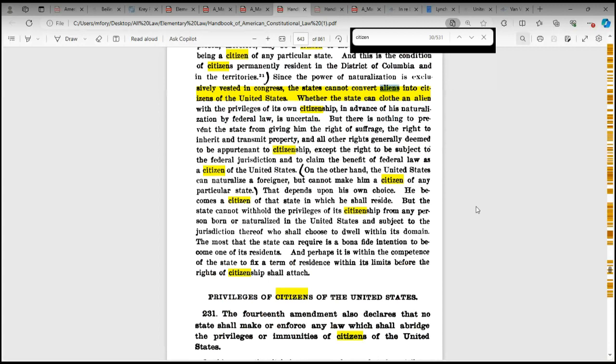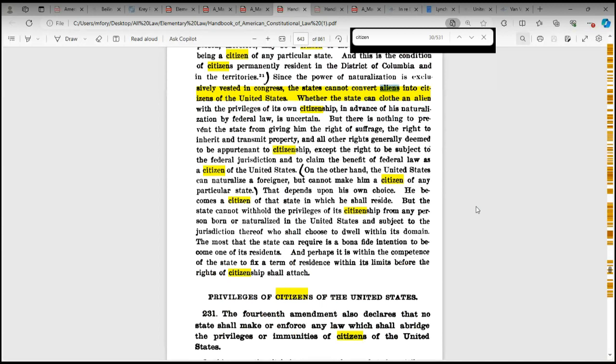On the other hand, the United States can naturalize a foreigner, but cannot make a citizen of any particular state. So they can naturalize them in accordance with congressional laws. That depends upon his own choice.